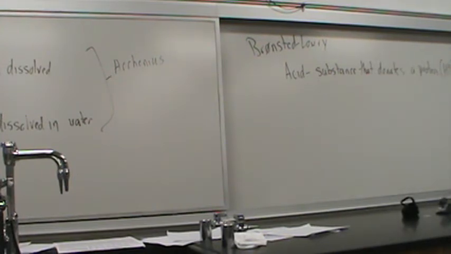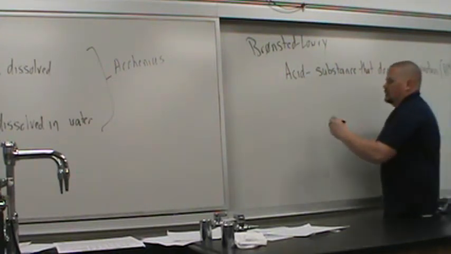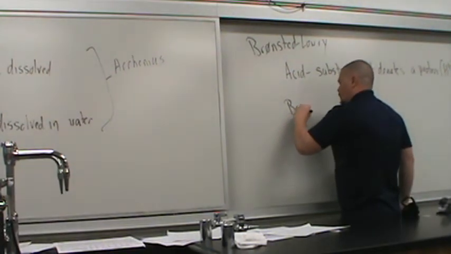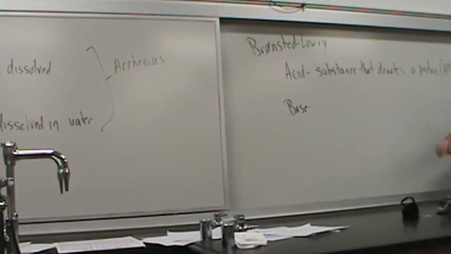Let's think about that. A hydrogen atom has one proton and one electron. The electron spins around. Take away that one electron, and it's a proton, we have our proton. Not too much different from the Arrhenius definition of an acid, but the base definition changes.